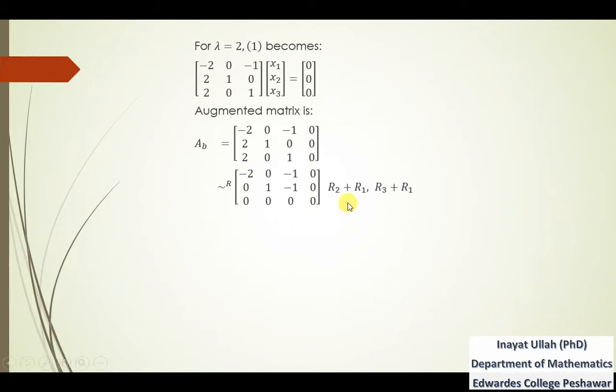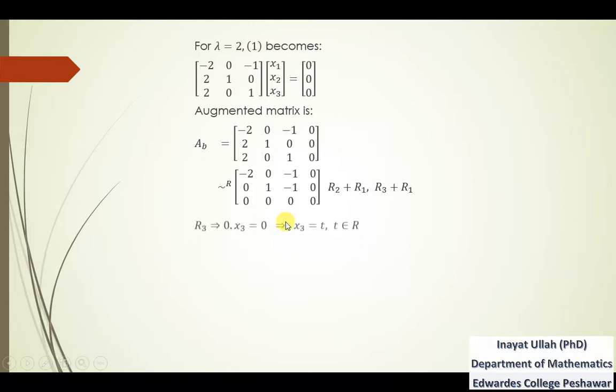By these two operations: row 2 plus 2 row 1, and row 3 plus row 1. So you see that this matrix is now in upper triangular form. Below this main diagonal, all elements are 0.